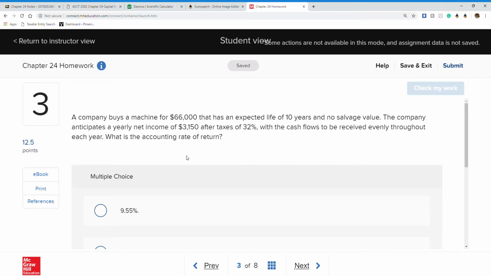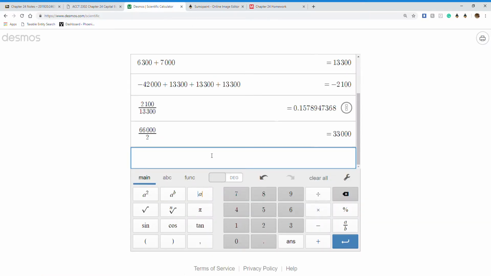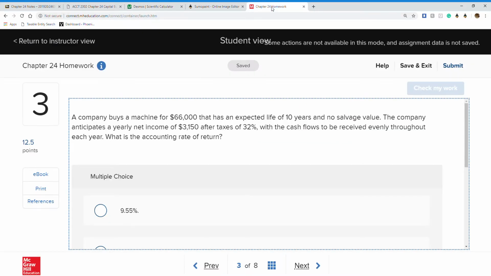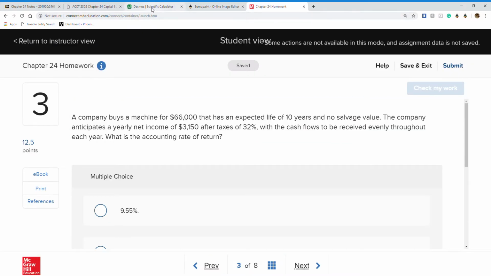So, just like in question number 1, we're going to take that 3,150 and divide it by our average assets. It was 3,150.